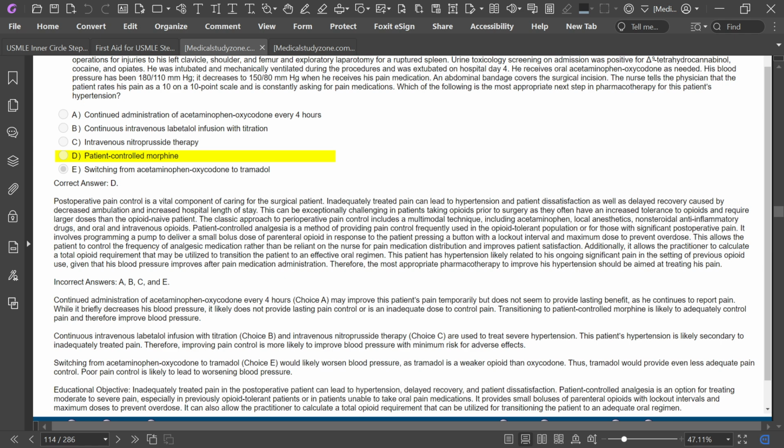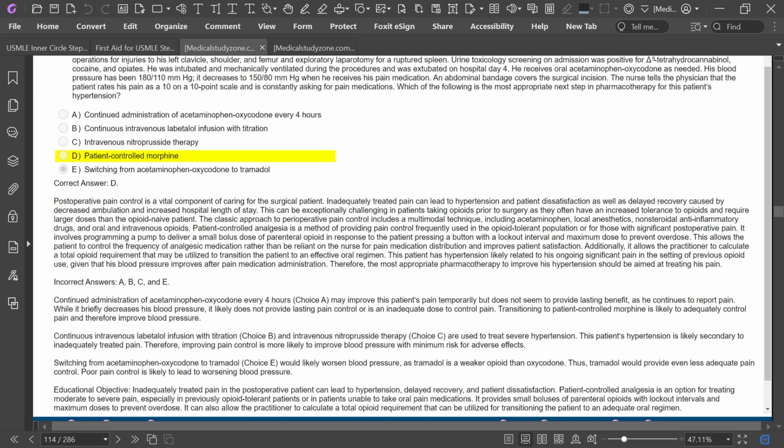This allows the patient to control the frequency of analgesic medication rather than be reliant on the nurse for pain medication distribution, and improves patient satisfaction.